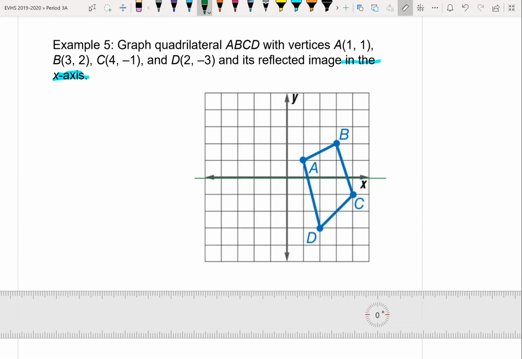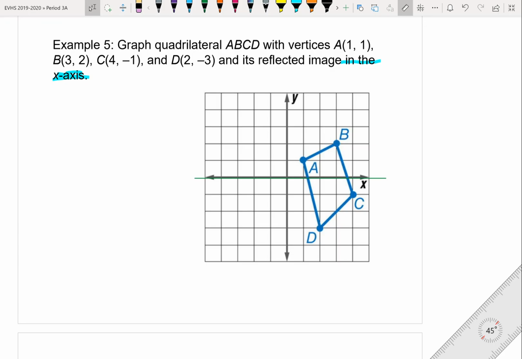We could do it the same way we did earlier, by translating and counting distances to the line, but I'm going to do it using our mapping rule, which was (x, y) transforms to (x, negative y). So A, which is at point (1, 1), is going to transform to: x stays the same, which is 1, and then negative y means multiplied by negative 1, so that's negative 1. So we're at (1, negative 1).